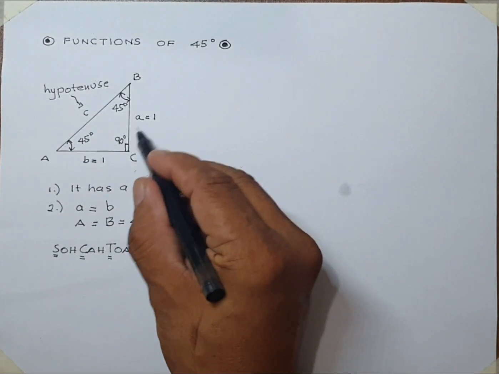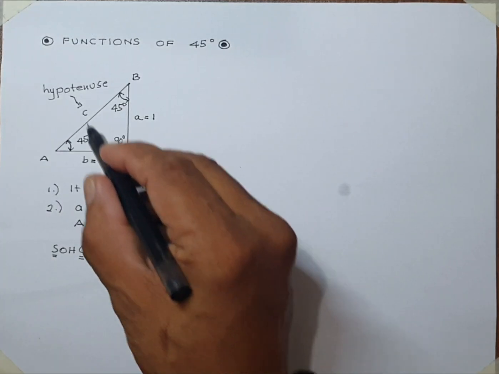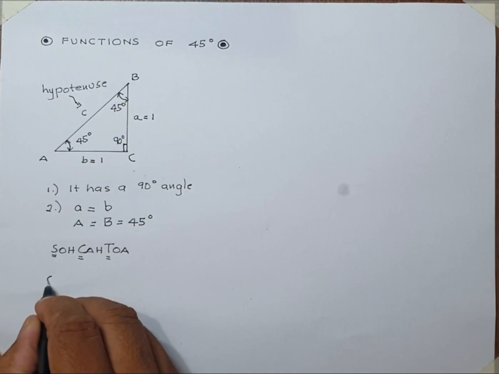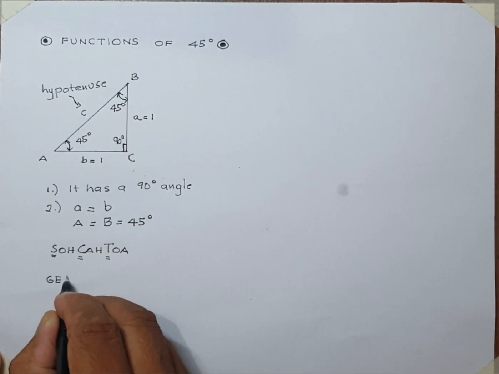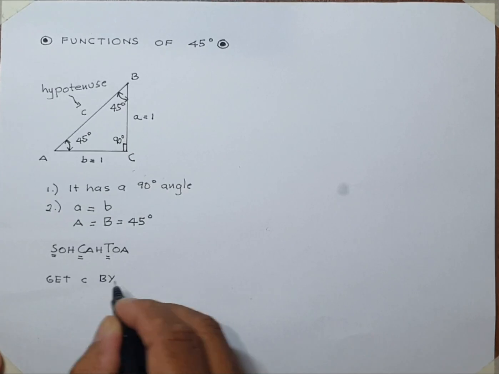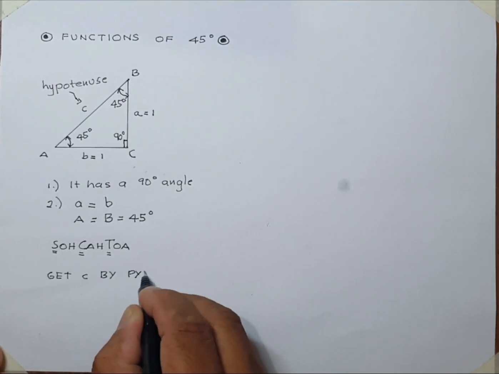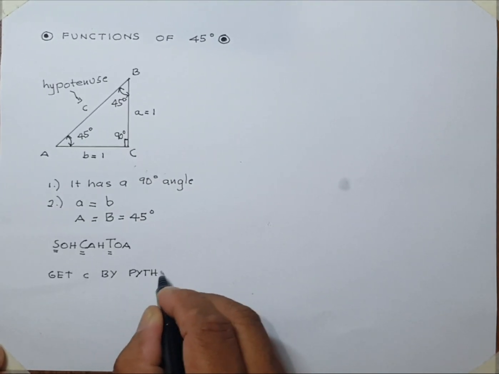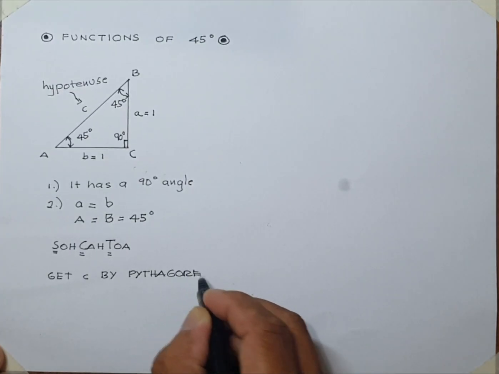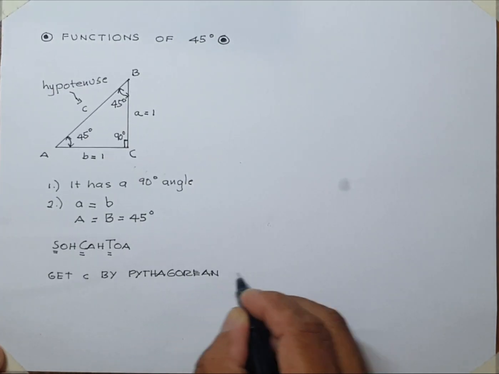And with these values given, we can get the value of C by using the Pythagorean theorem.